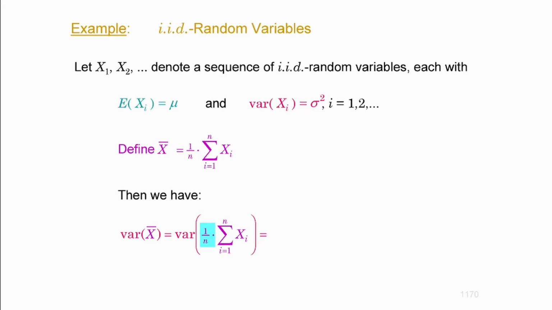So you want to take out 1 by n from the variance operator. You can, it's multiplicative, but you need to square it. This is going to be 1 by n squared, because 1 by n squared is the square of 1 by n. You understand the point? So that yields the square of the multiplicative constant times the variance of the sum. And that's basically what you end up with, at least at this stage.